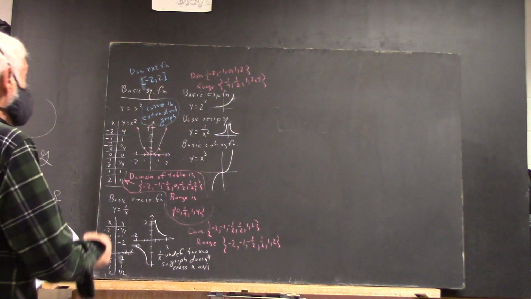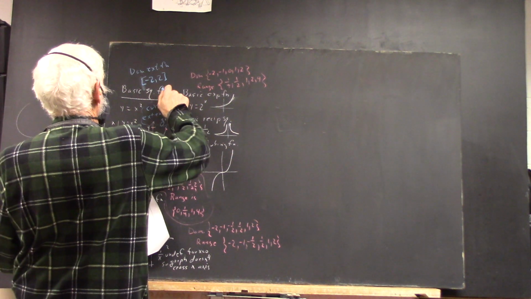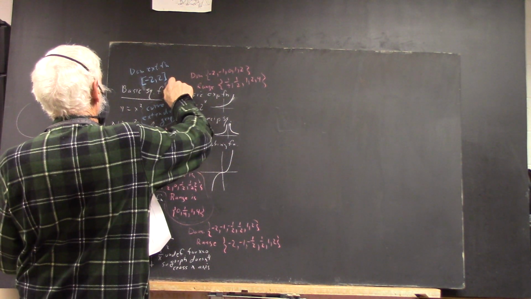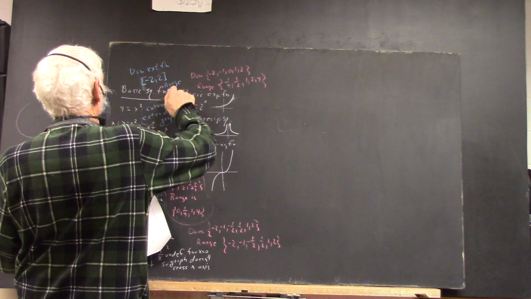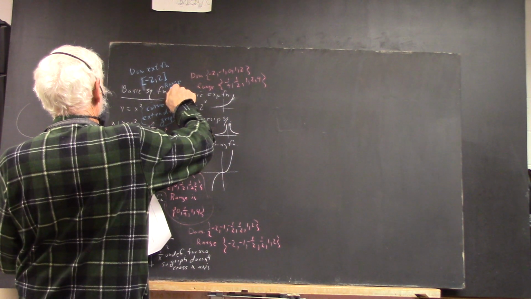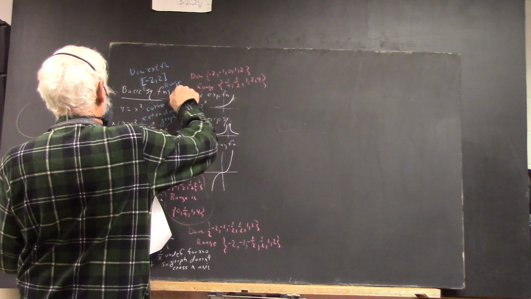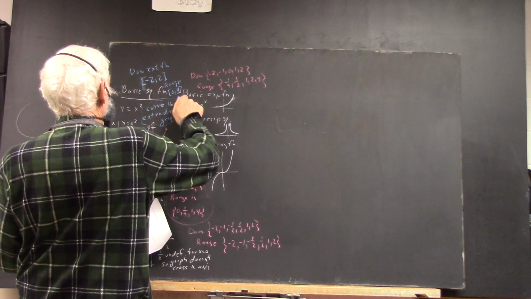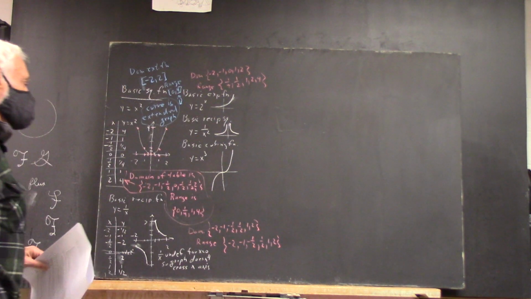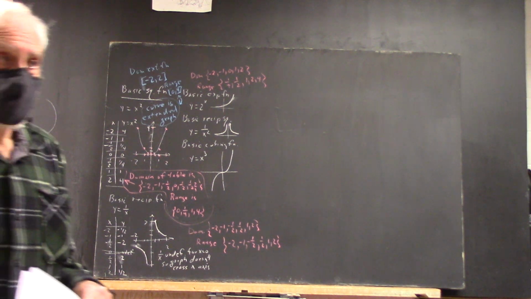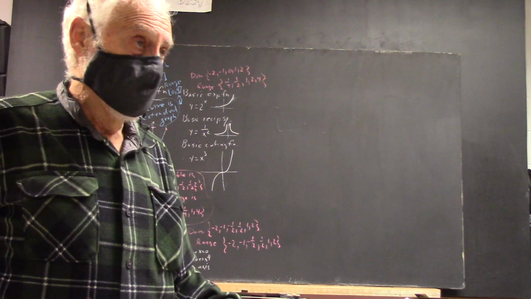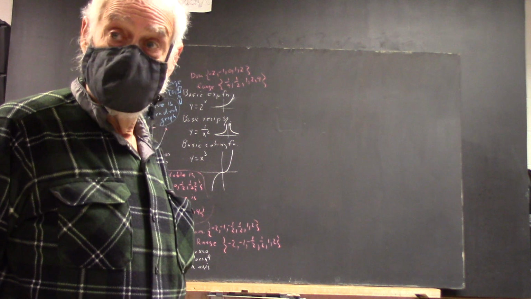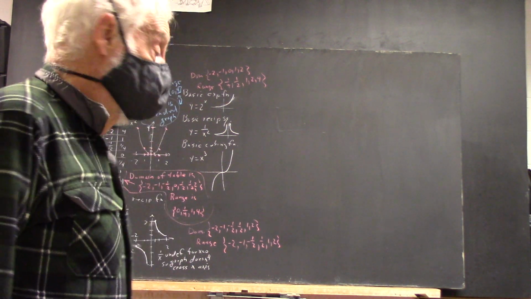The range is the interval from 0 to 4. Now you'll understand that if you did and understood the assignment, okay? Because that's exactly what the assignment would tell you.